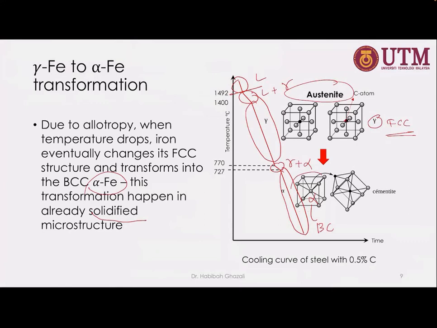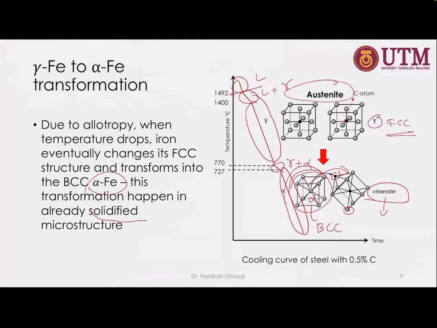But when it changes to BCC, the carbon will shift to the outside because BCC is already dense with the body-centered structure. So the carbon forms cementite, reacting and combining with iron atoms to form another structure called cementite.